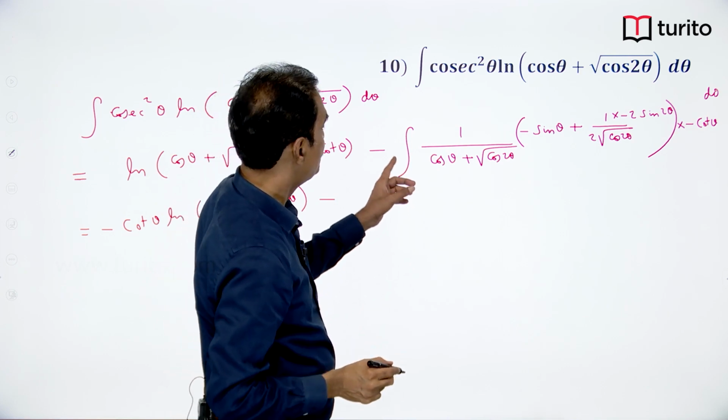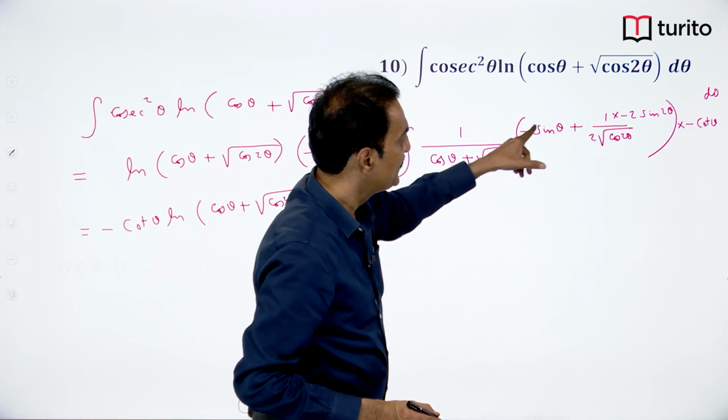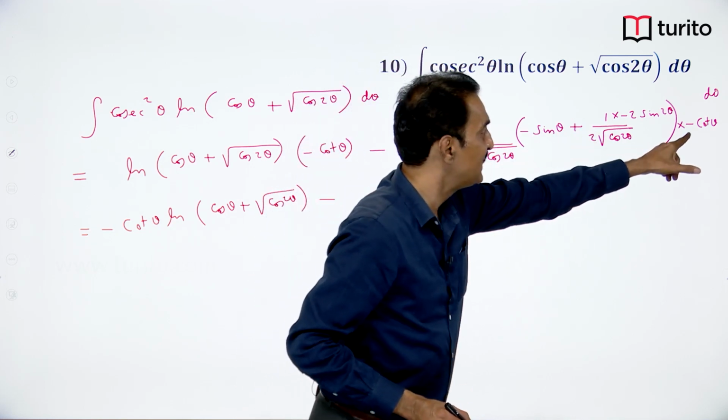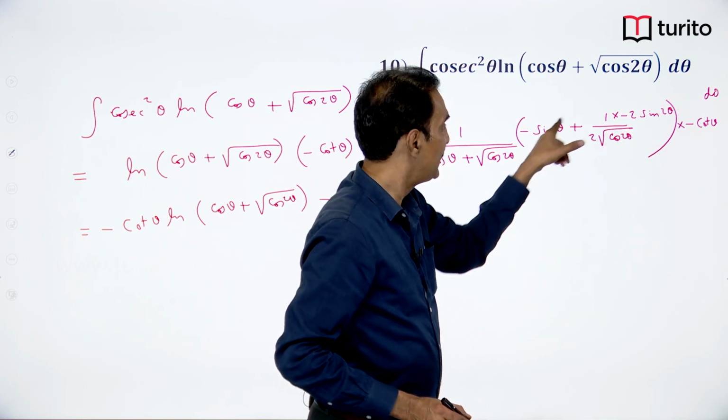Observe, we can take minus common from these two. This minus and this minus will cancel and become plus, but we have one more minus sign common.